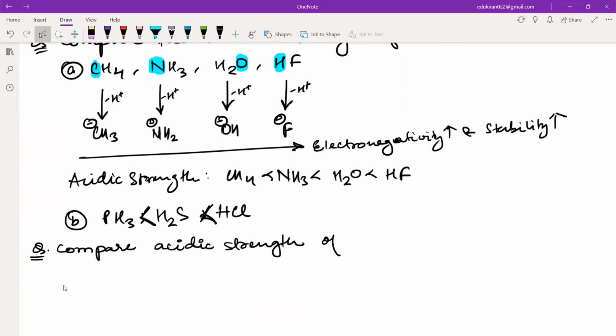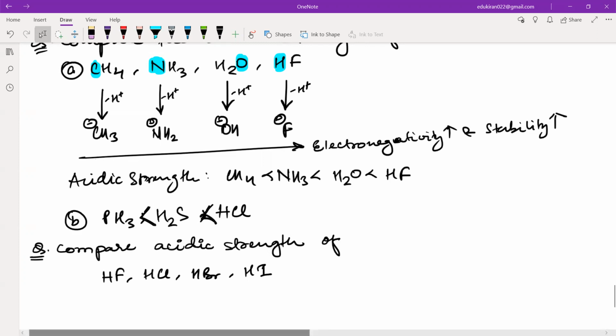Compare acidic strength of... okay. Done. So in a group there will be a different thing.